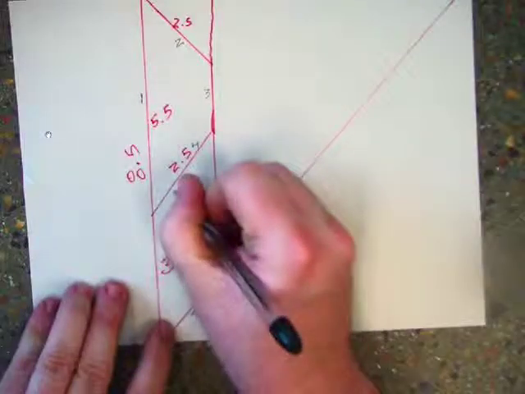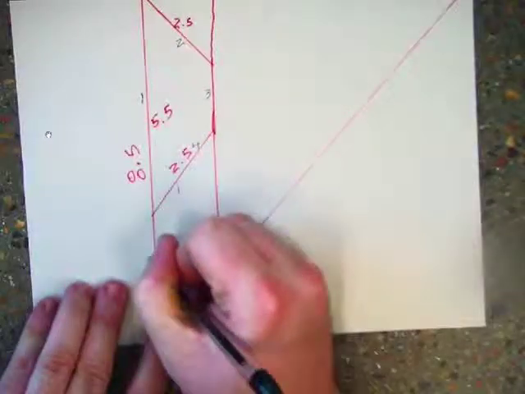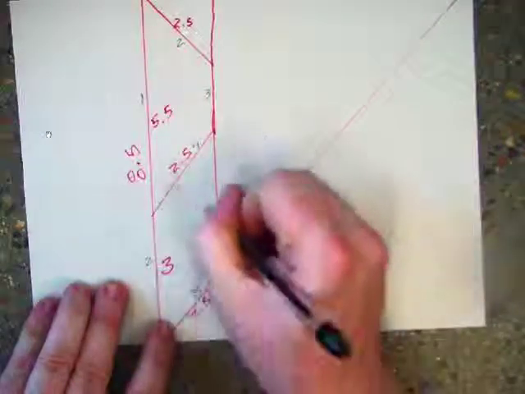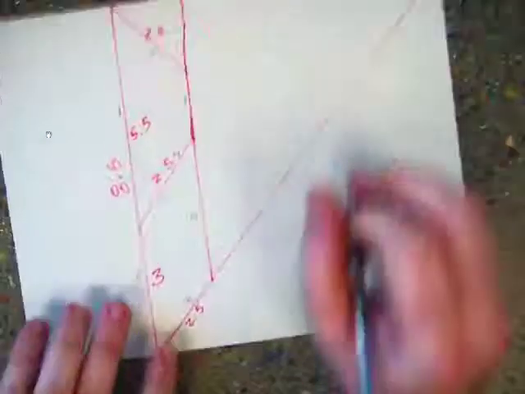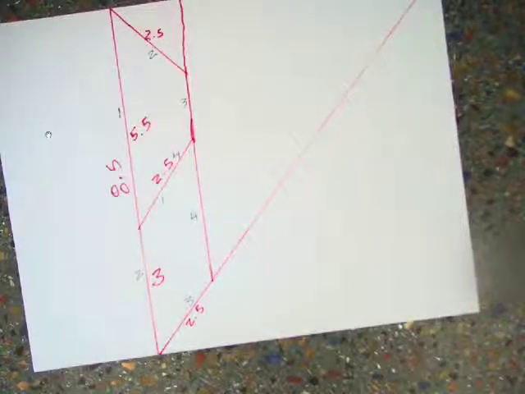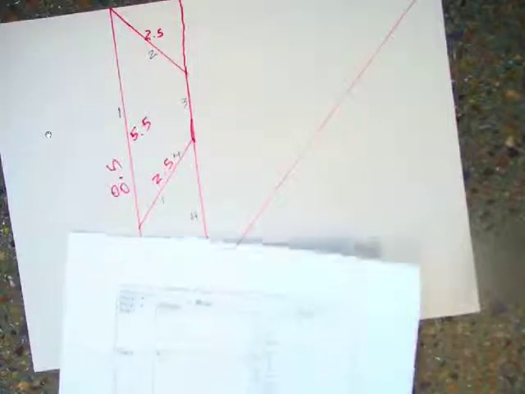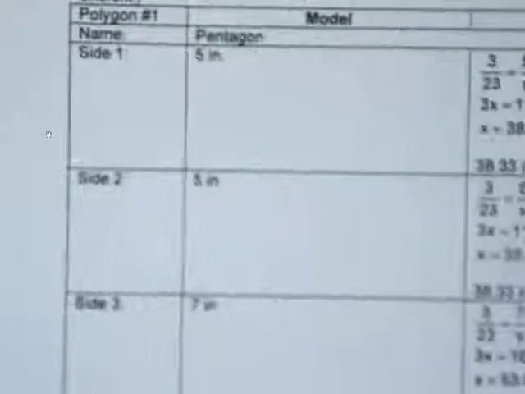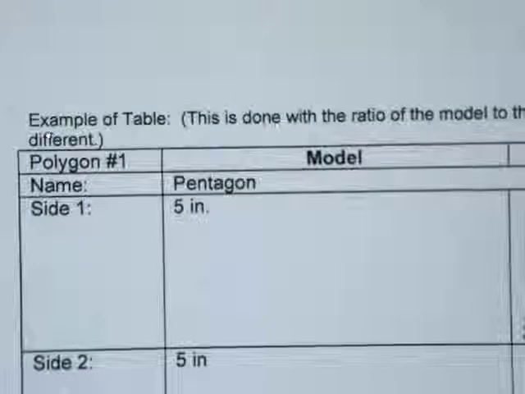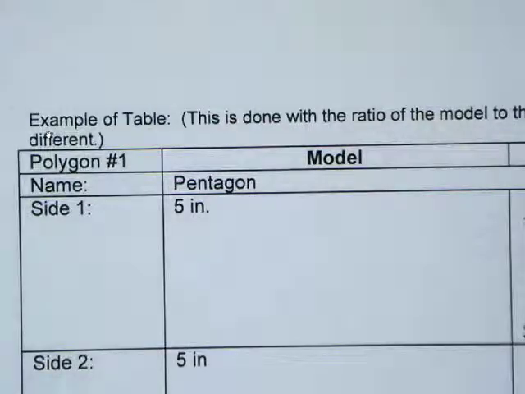Okay, this is side 1, 2, 3, 4 of this shape, and so on. And so what you're going to do is then you're going to say, okay, here is an example, whatever shape I have, I'll do a little table, and I'll say, okay, side 1 of polygon 1.